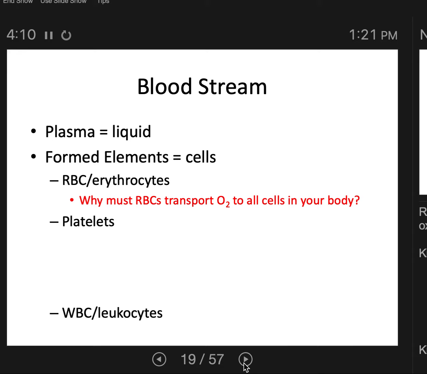Remember, you get high energy electrons from your food. Those high energy electrons are stripped from your food. They are passed down the electron transport chain in the mitochondria to pump protons. Then all the energy in them is transferred to that proton gradient. The proton gradient drives ATP synthase, which generates ATP for the body.